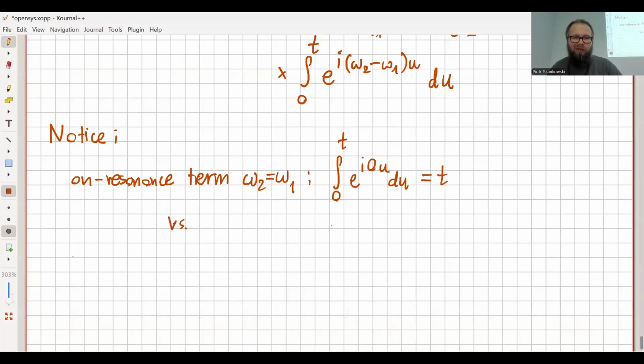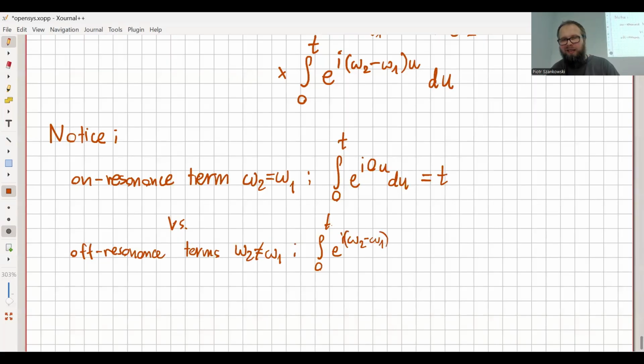Versus off resonance terms, when omega 2 is not the same as omega 1. What do you get then? e to the i omega 2 minus omega 1. Well, this is a quite simple integral to perform.